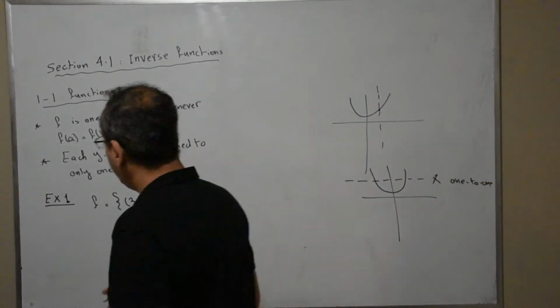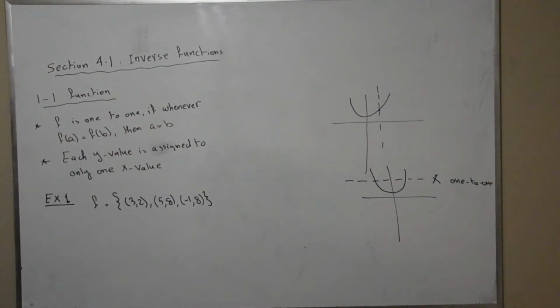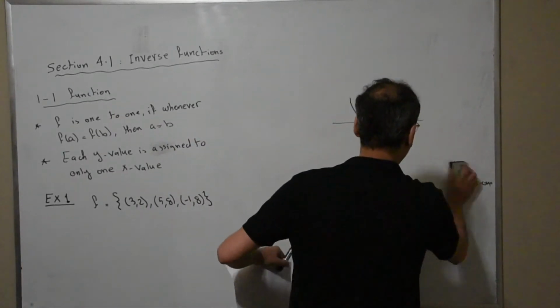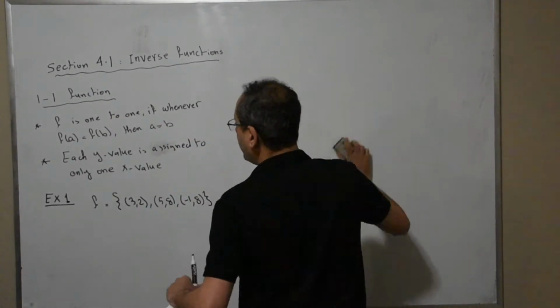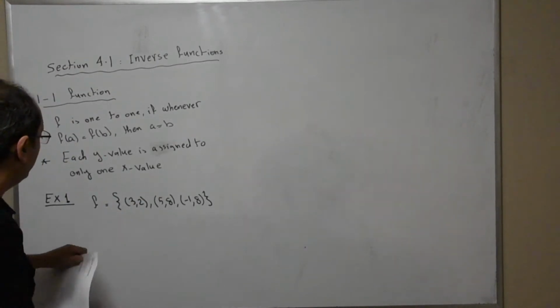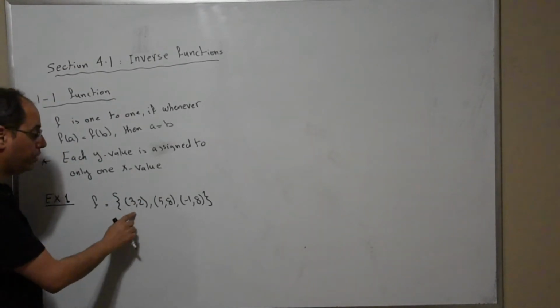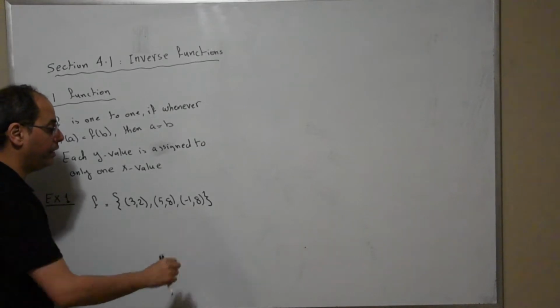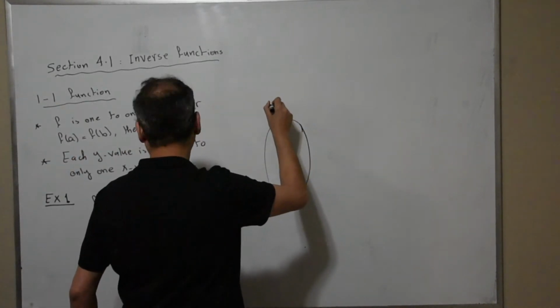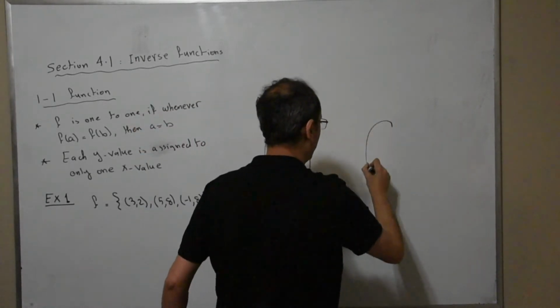Alright, so let's get an example and see whether this function is one-to-one or not. I have f is (3, 2), (5, 8), and (negative 1, 8). Let's make this the domain, or x, and this is y.